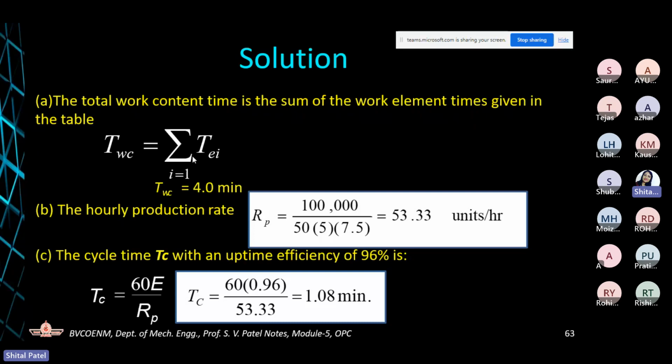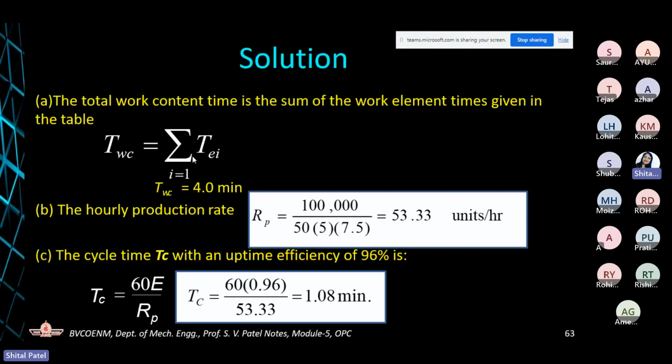If you divide 1 lakh units by this amount, you'll have 53.33 units per hour. If you have a target of 1 lakh units in a year, you need to produce 53.33 units per hour. So this is our second calculation, determination of hourly production rate.